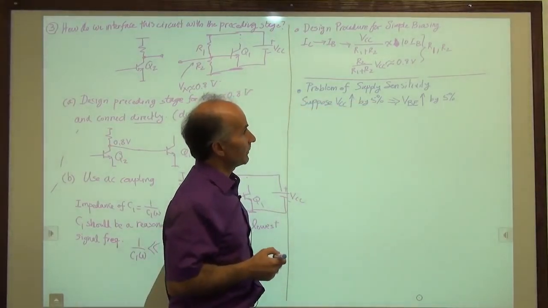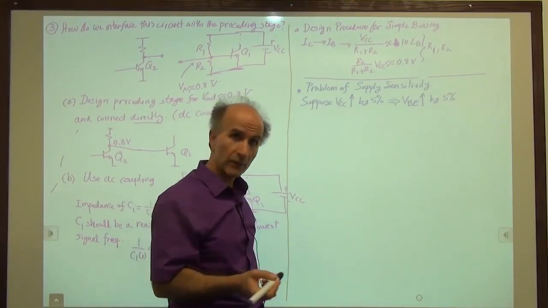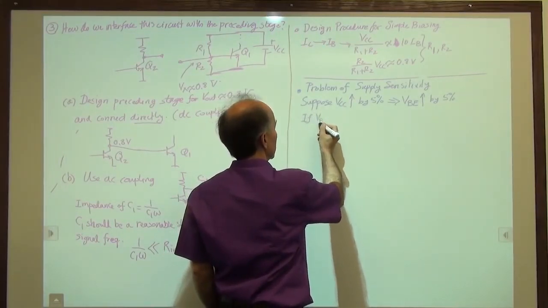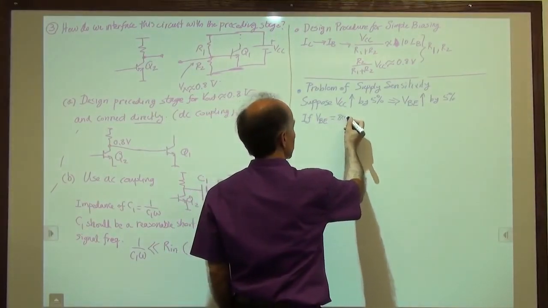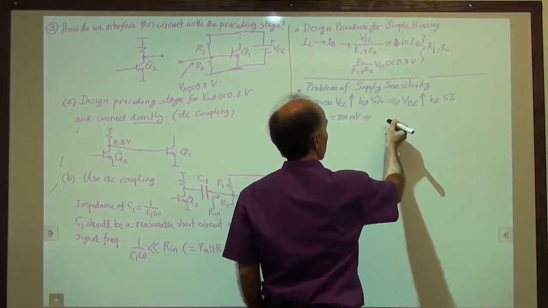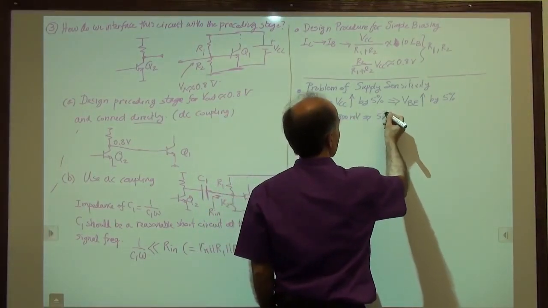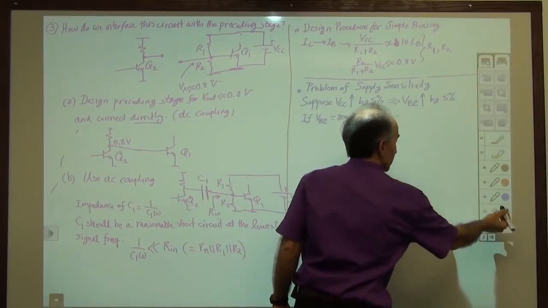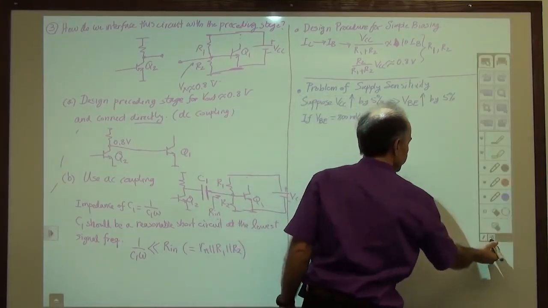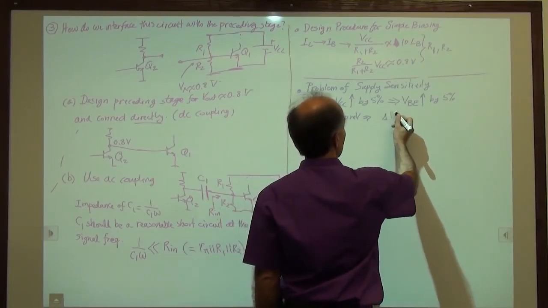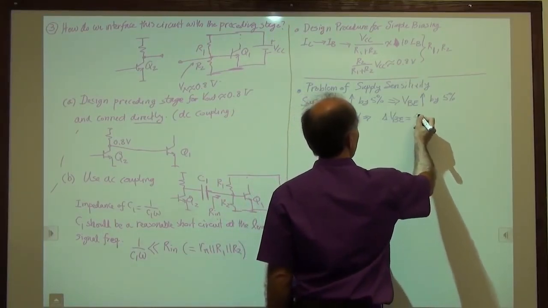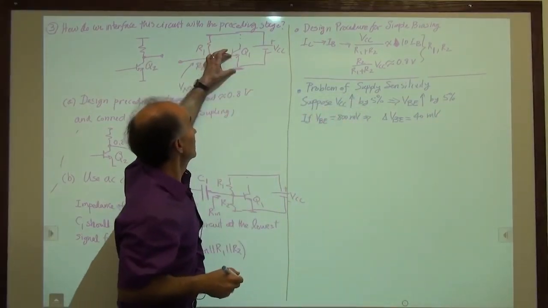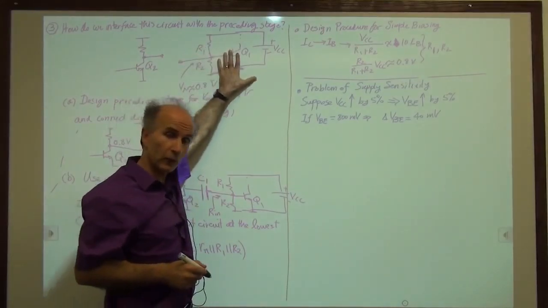For example, if VBE is 800 millivolts, then 5% is equal to 40 millivolts, so delta VBE is 40 millivolts. So the base emitter voltage here, which is provided by this divider, goes up by 40 millivolts.